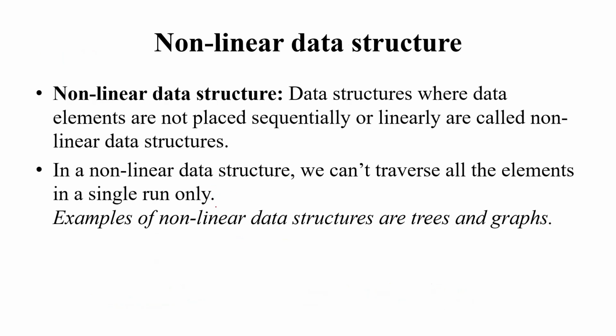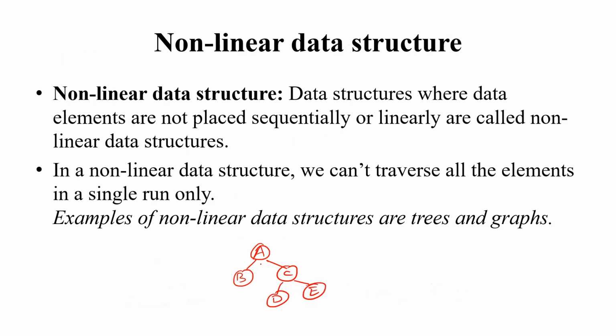Non-linear data structures are data structures where data elements are not placed sequentially. They are not in a linear fashion. Let's take one example, a tree. This is a tree example.